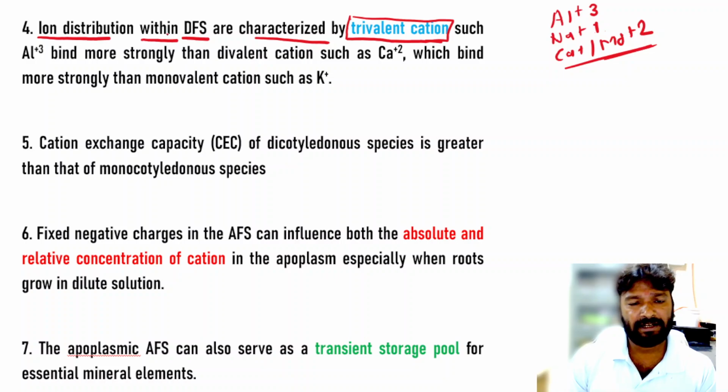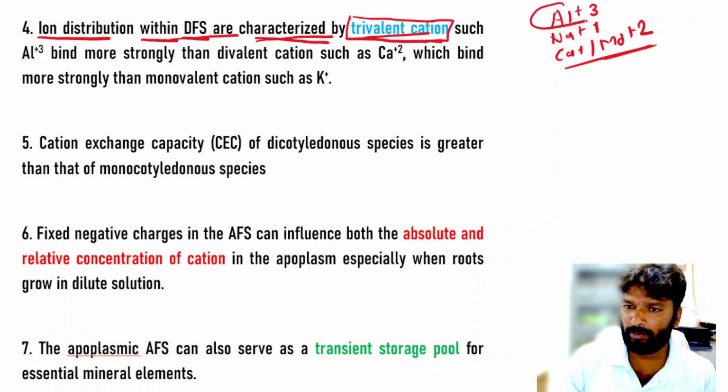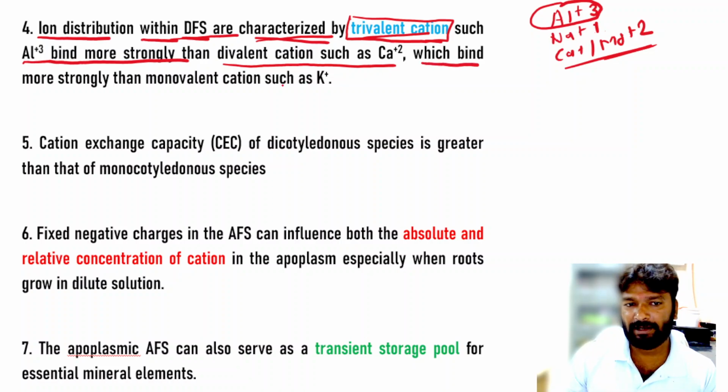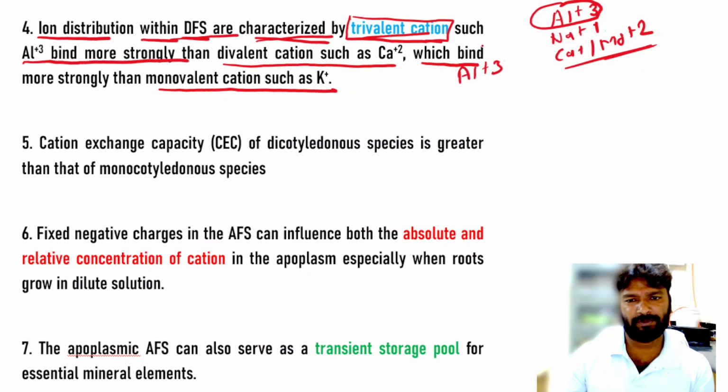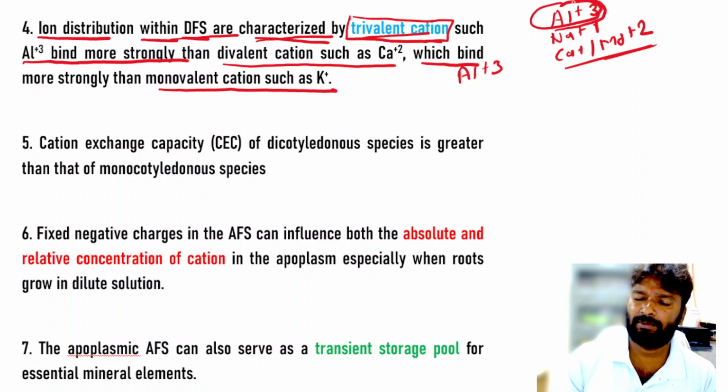So trivalent cations dominate, because aluminum +3 can bind more strongly than divalent cations such as calcium and magnesium, and calcium can bind more strongly than monovalent cations such as potassium. So this point is very clear: aluminum +3 has more binding capacity.